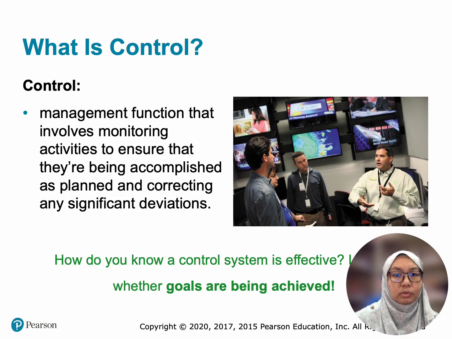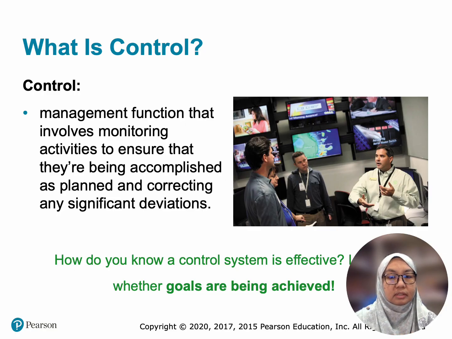So what is control actually? Control is a management function that involves monitoring activities to ensure that they are being accomplished as planned and correcting any significant deviation. Remember, the 4 basic functions of management are planning, organizing, leading, and control.